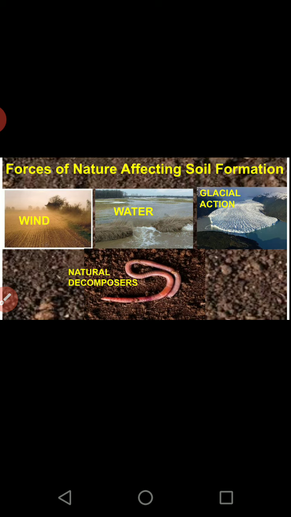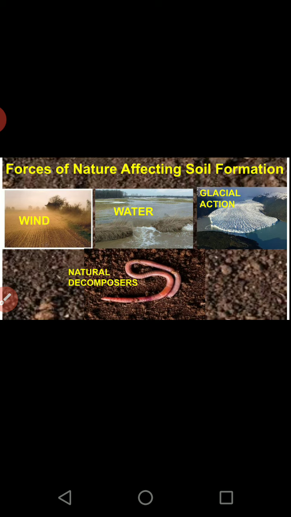Now there are other factors of nature which also affect soil formation. You can say these are the agents, the things which help in one way or another. You have wind, and the role of wind in erosion: wind erodes from somewhere and then deposits. So yes, in soil formation wind also plays an important role. Water, yes, running water will bring the sediment from somewhere and deposit it, so that is also playing a role.